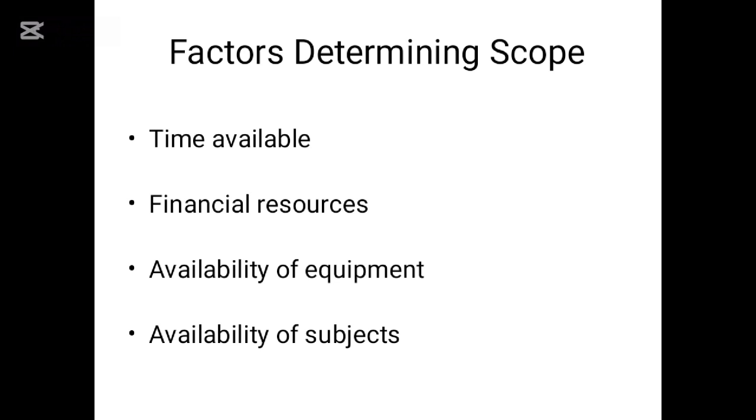And then the availability of equipment needed to carry out the study, and then the availability of subjects and units of the study. So, therefore, a research problem refers to some difficulty which the researcher experiences in the context of either a theoretical or practical situation and wants to obtain a solution for the same.